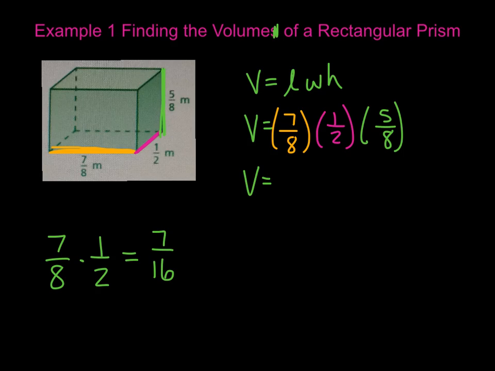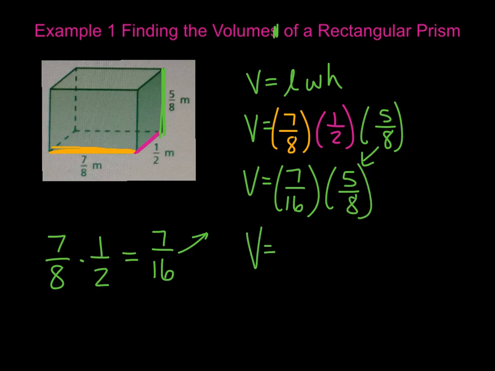So now I plug that in over here, and I put 7/16, and then I still have my 5/8 to worry about, times 5/8. Then I solve that. I'm going to kind of skip a little bit ahead here. When I solve that, I should end up with 7 times 5 is 35, and 16 times 8 is 128.